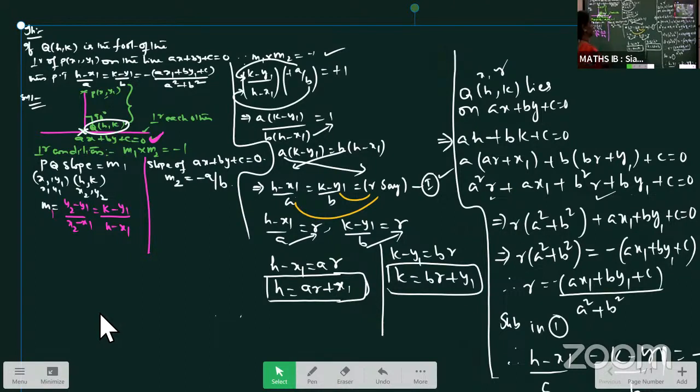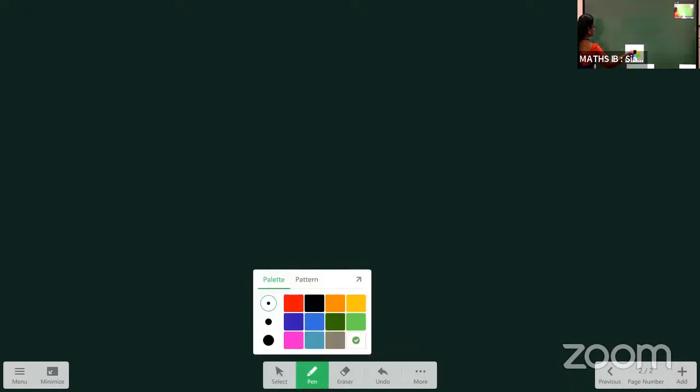So now let us do that question related to this. Question related to foot of the perpendicular.